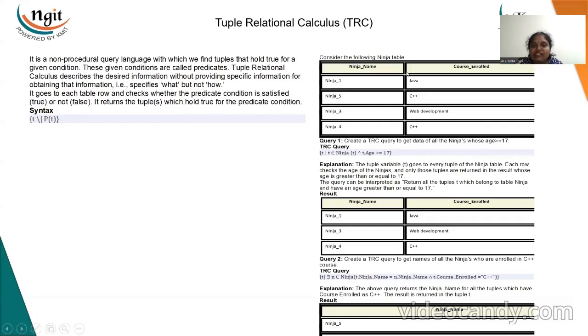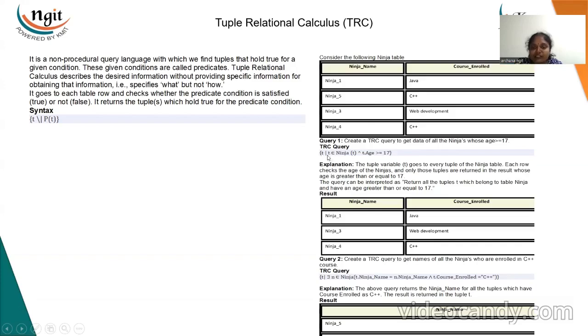Okay. Now, let us take one example. Here we have a ninja table with two attributes, that is ninja name and course enrolled. Let us write a tuple relational query to get the data of all the ninjas whose age is greater than or equal to 70. So t represents the set of records or the tuples which are going to be retrieved based upon the given scenario.